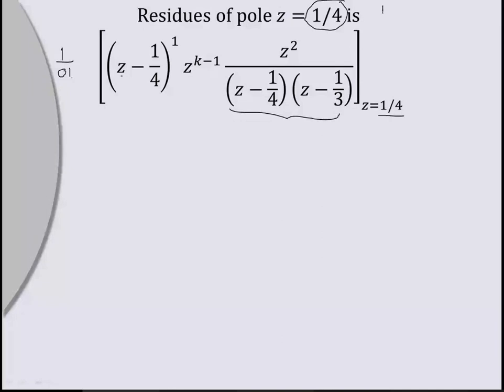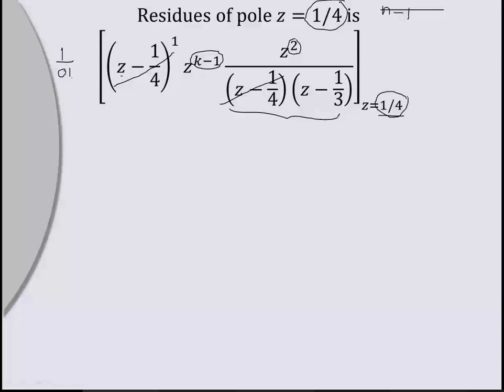Using these values in the standard formula, now simplify it. z minus 1 by 4 and z minus 1 by 4 get cancelled. z raised to k minus 1 into z square: the powers get added, k minus 1 plus 2, so it becomes z raised to k plus 1 upon z minus 1 by 3. And then put z equal to 1 by 4 into it.